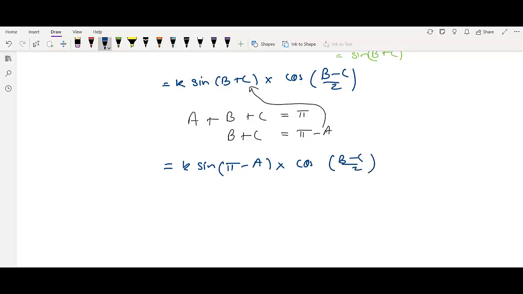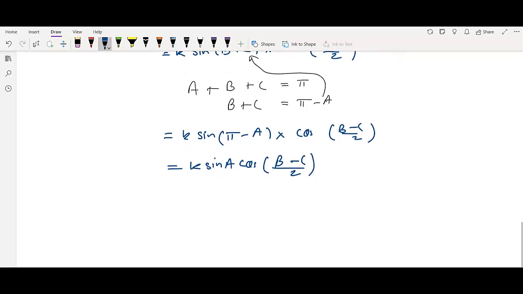Okay, and what is sine of pi minus x? That is just sine x, right? I get k sine a cos b minus c by 2. Now again, as I defined earlier, I said a upon sine a equals k, which is some constant, right?